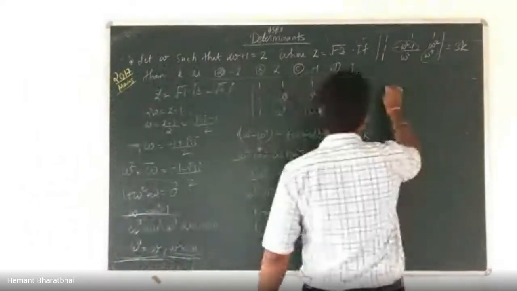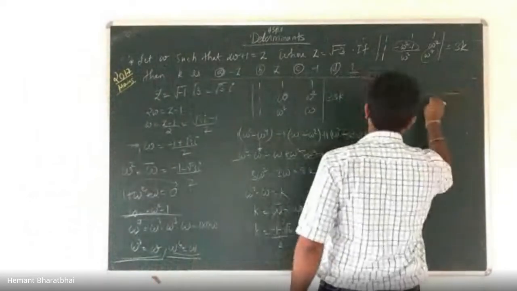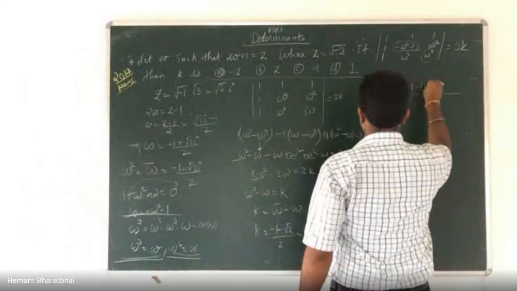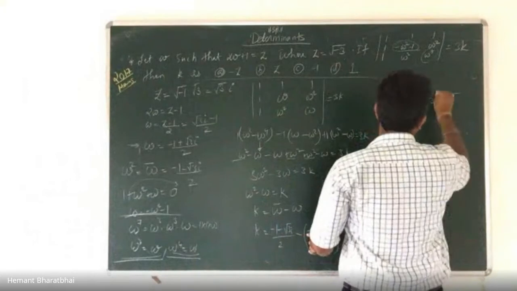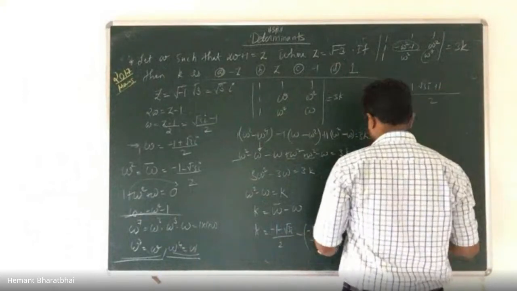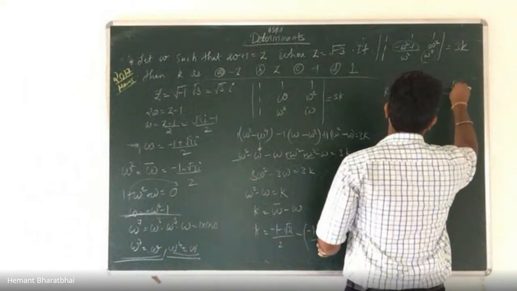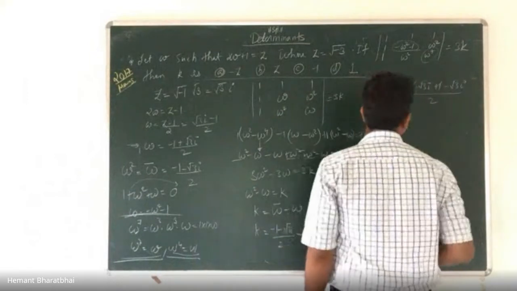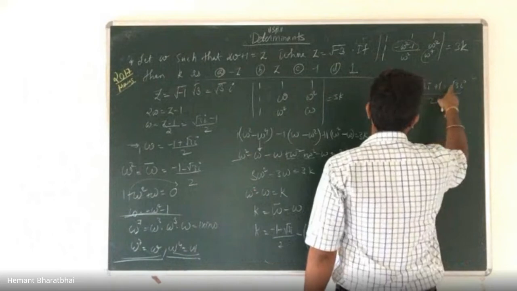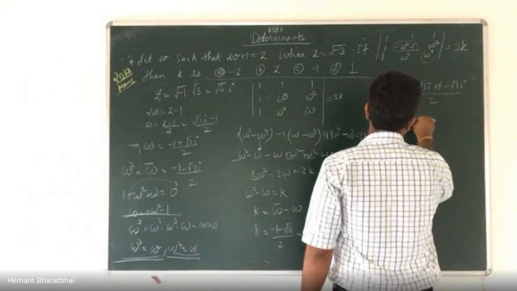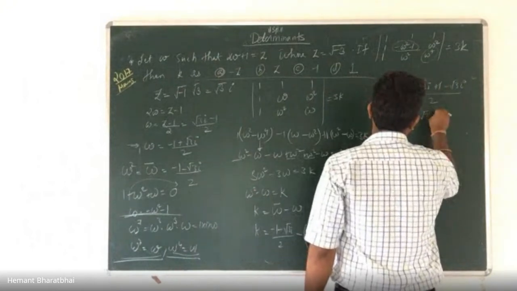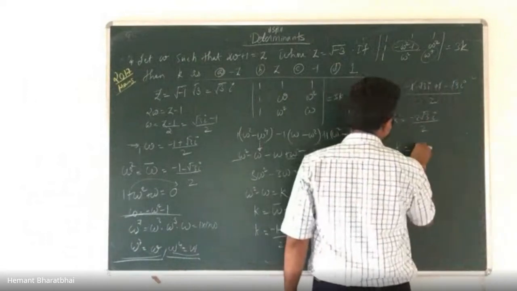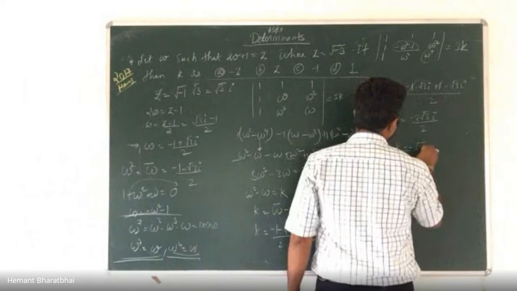Therefore I'll get the denominator is the same. So minus 1 minus root 3i, minus plus 1, minus, that will be minus root 3i. So plus 1 minus 1 gets cancelled. So I'll get k is equal to minus root 3i, so that will become minus 2 root 3i upon 2. So 2 gets cancelled. So I'll get k is equal to minus root 3i.